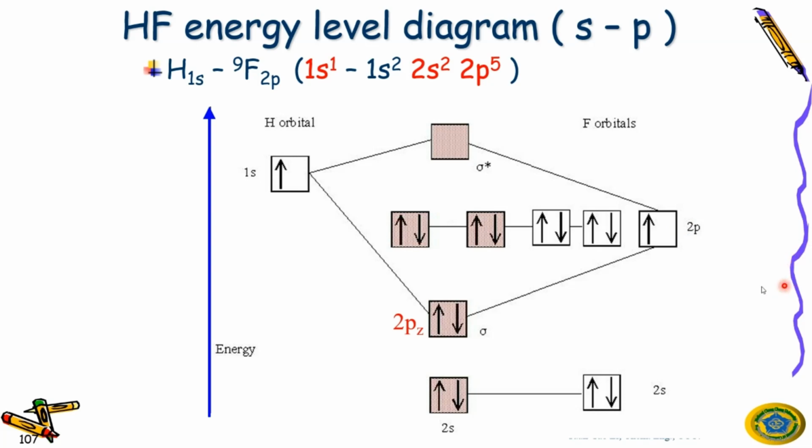And then we understand there are 3 energy states in the 2p orbital. One is 2px, one is 2py, one is 2pz. So this is 2pz, and there are 2px, 2py.